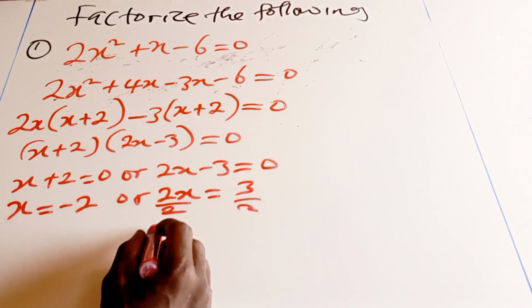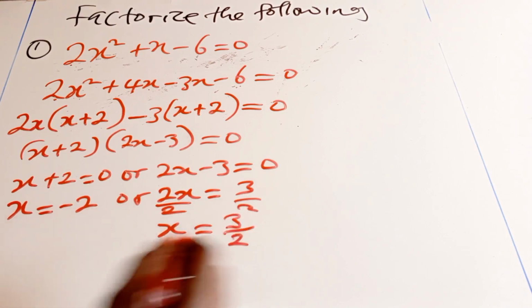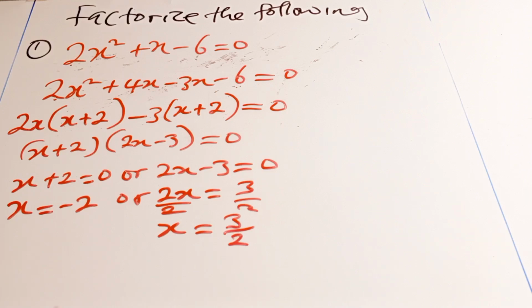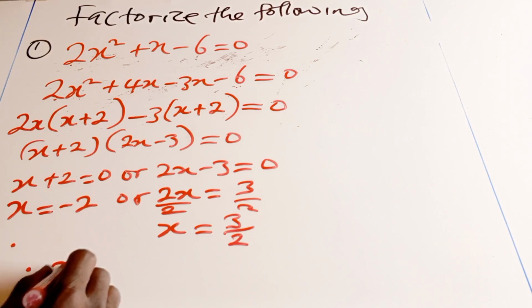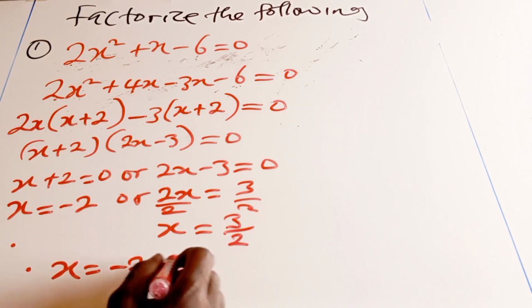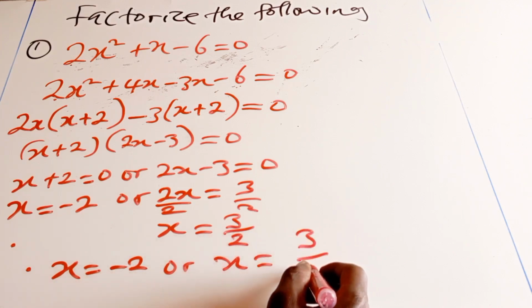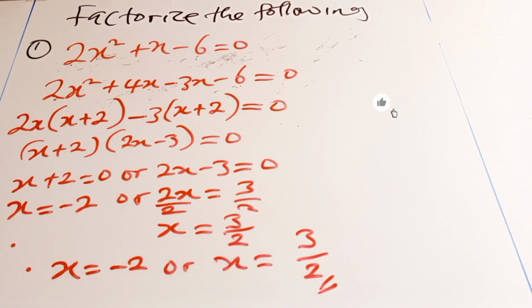Therefore x is equal to 3 over 2. We can conclude by saying therefore x is equal to minus 2, or x is equal to 3 over 2. This is how we can factorize such a question.